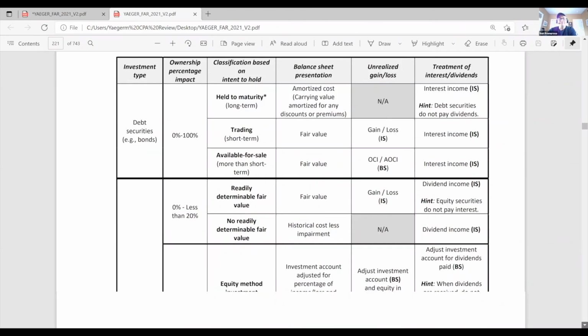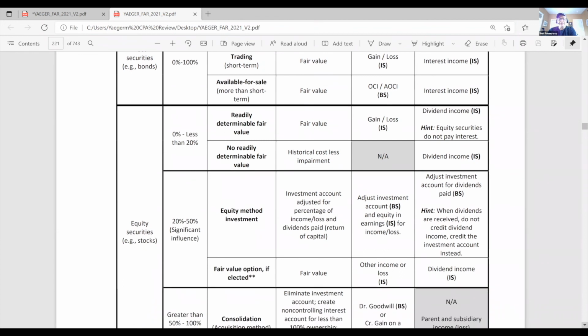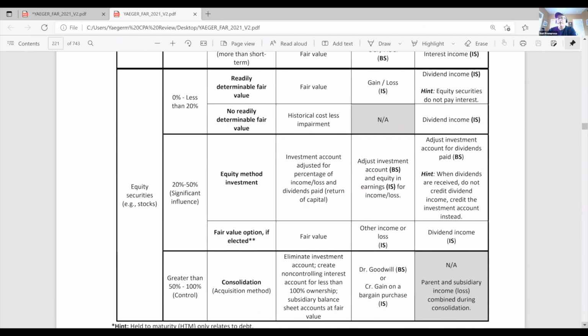All right. Let's move to stocks. And of course, that's much more complicated.